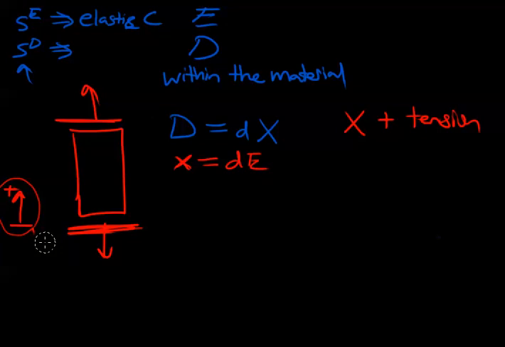But this is just to understand what these kind of subscripts mean. So when you apply a positive electric field, we get a positive displacement. So the material expands. When the voltage is positive, the material expands, or also stress is positive.